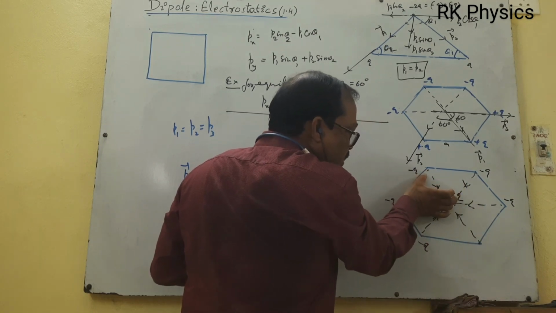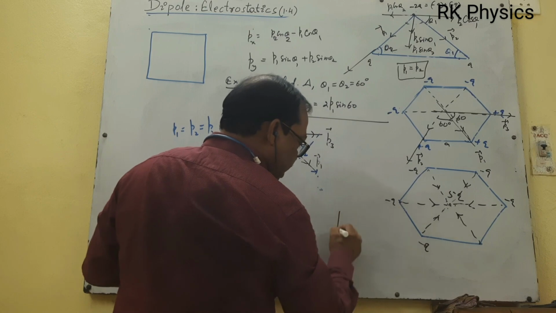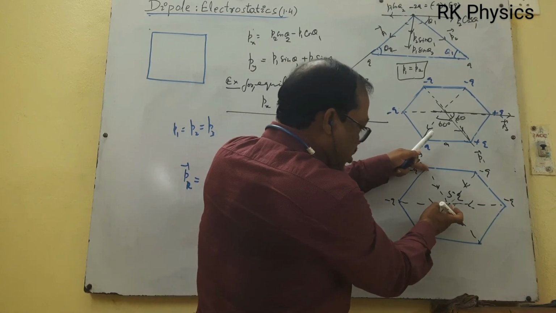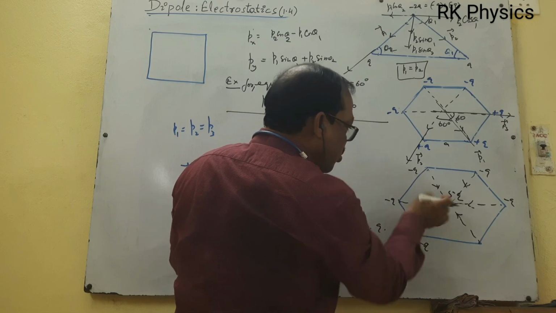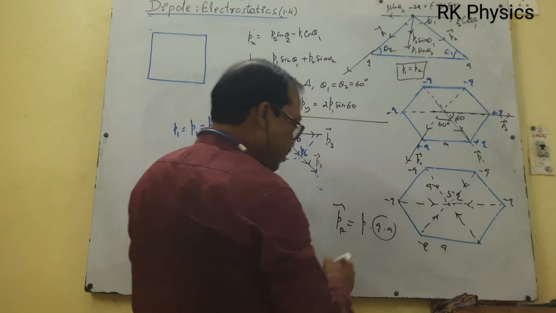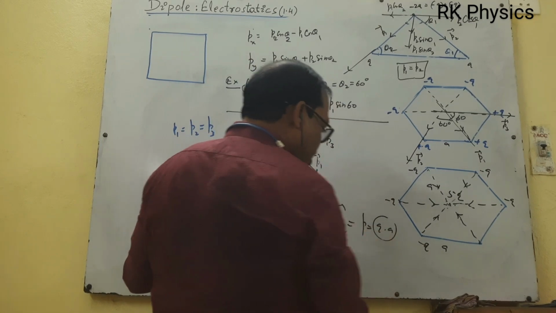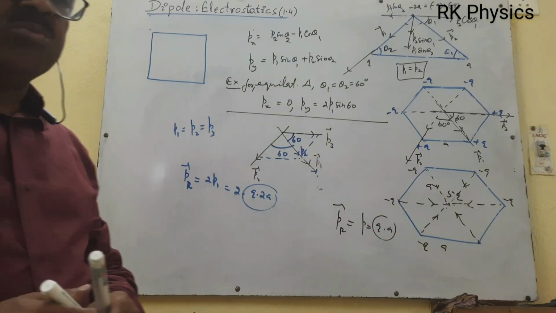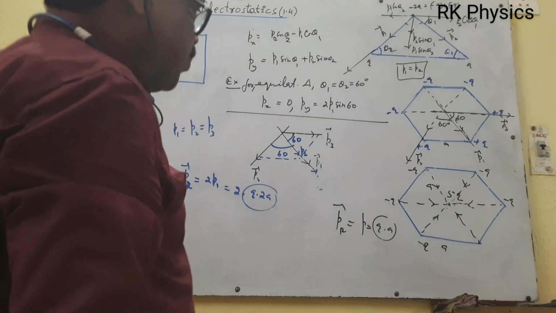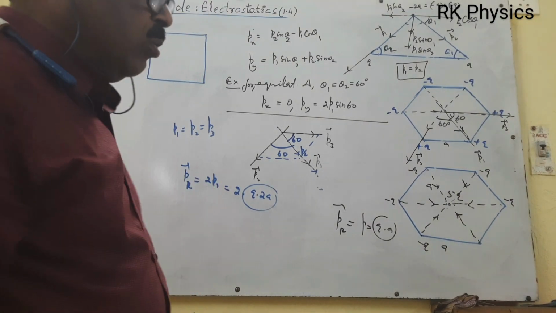Therefore this dipole moment exists. Here the resultant dipole moment equals the dipole moment due to this, that means q into a. P equals q into a. So the resultant dipole moment is equal to the dipole moment of one dipole.